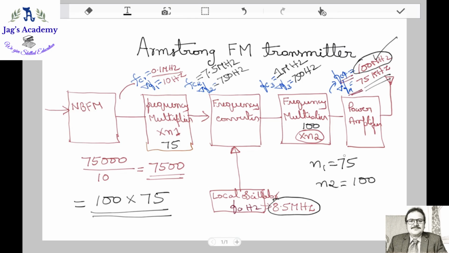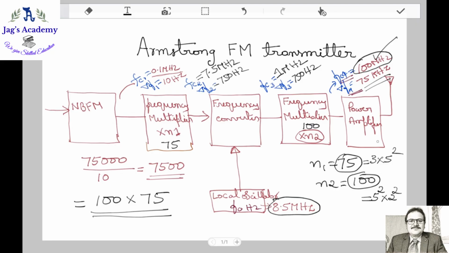You can factorize this once again into powers of 2, 3 and 5. N1 can be written as 3 into 5 to the power of 2, and N2 can be written as 5 to the power of 2 into 2 to the power of 2.